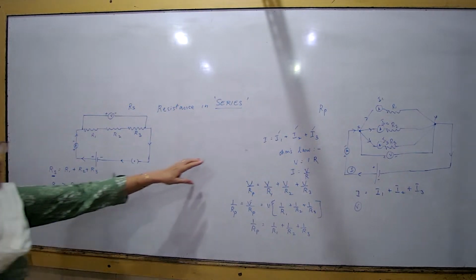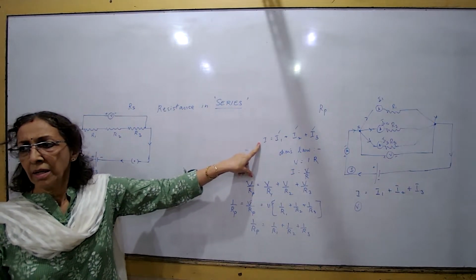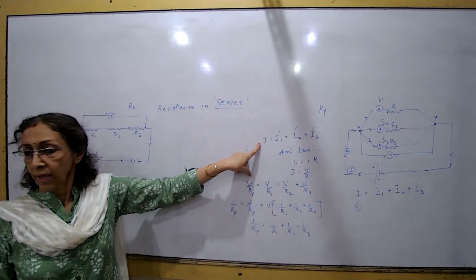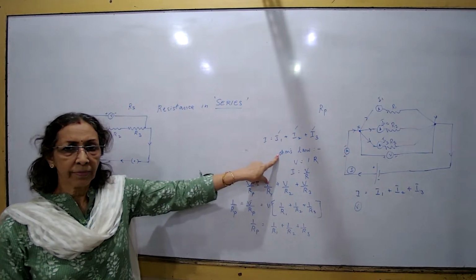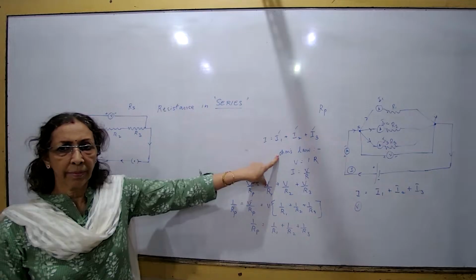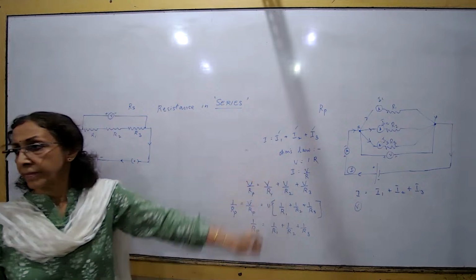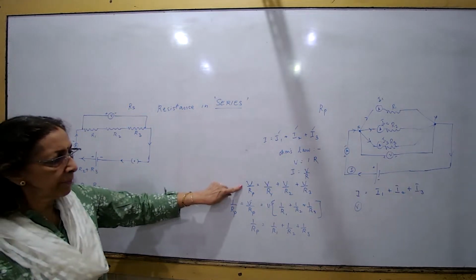From here, we have already written that the total current in the combination of parallel is equal to the sum of the currents in each one of the connections. By using Ohm's law, we are substituting V is equal to IR, I is equal to V upon R, for each one of them.